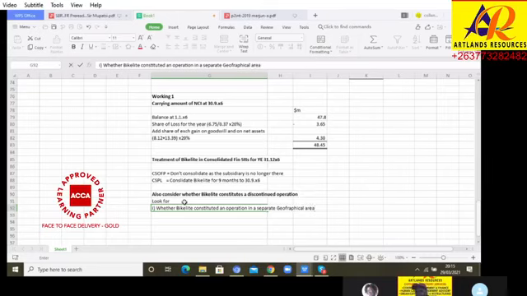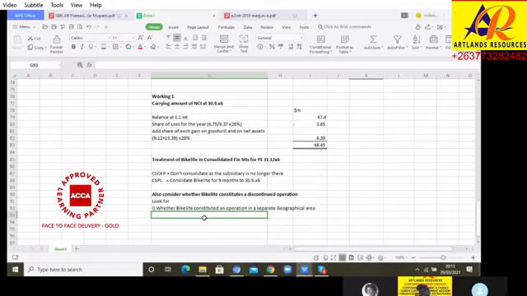That is one thing you look for. When we dispose the bike light, does it really constitute an operation in a separate geographical area? Meaning the market in which bike light was operating, do we still have operations there? If the answer is yes, it means it was not a separate geographical area.